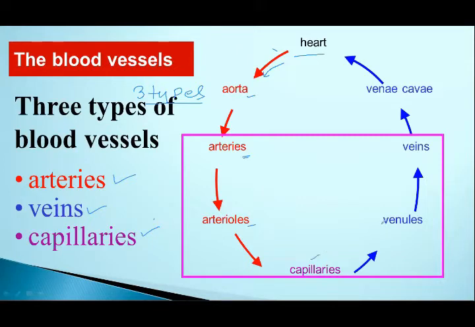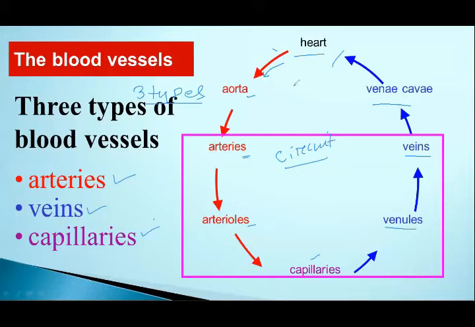The capillaries again reunite to form the venules, which join to form the veins, and then the vena cava, finally back to the heart. So this is basically the circuit, and in this circuit one cycle has been completed.